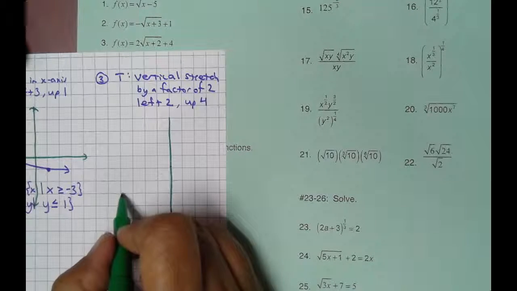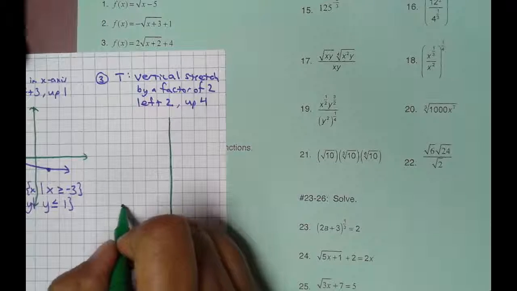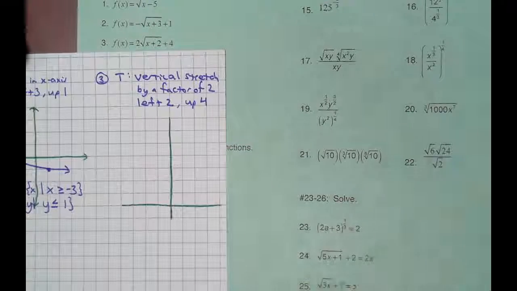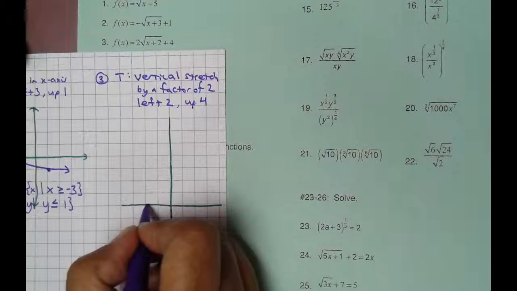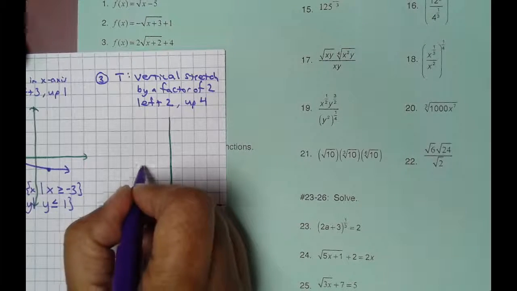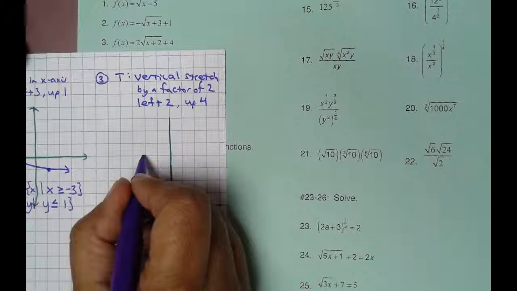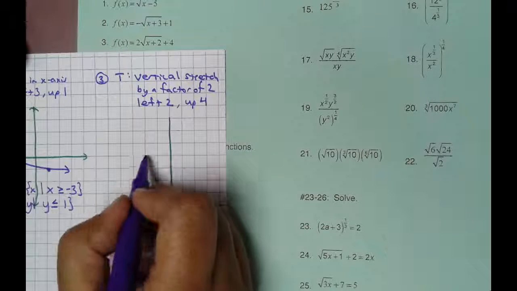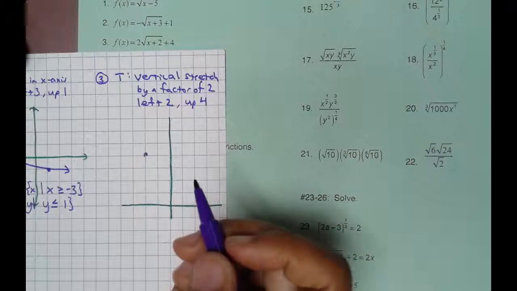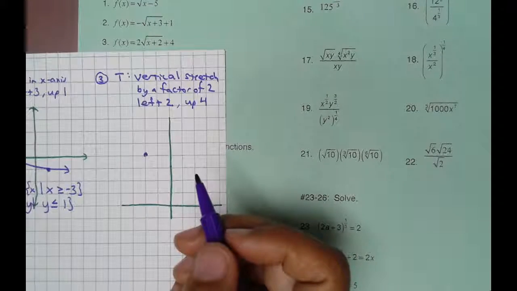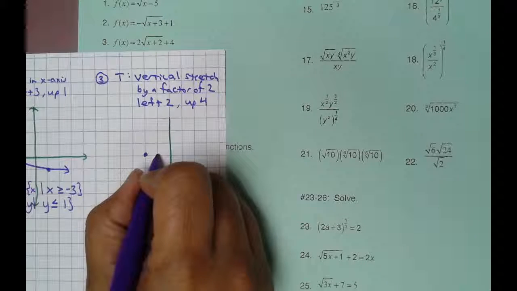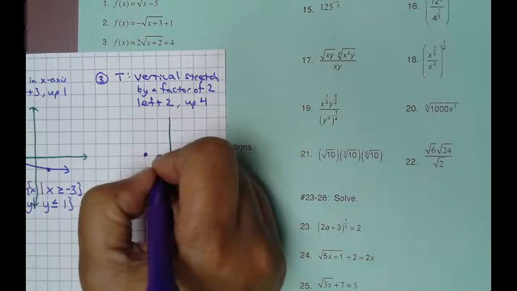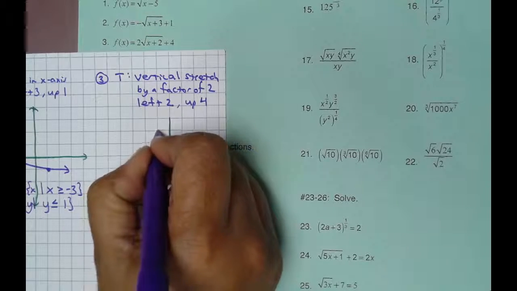I'm going to draw my axes kind of a little bit lower here. Okay, so we're going to start at left 2 and up 4. I might have to go by 2s here. It's okay. We'll stretch it up. We're going to have a vertical stretch by factor of 2. So we're going to go right 1, but instead of up 1, we're going to go up 2 times 1, which is up 2.